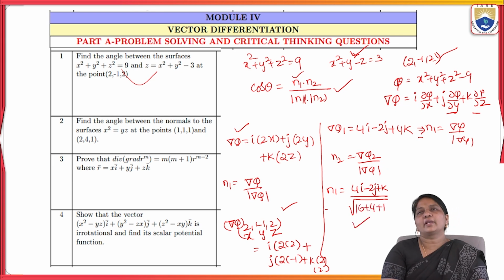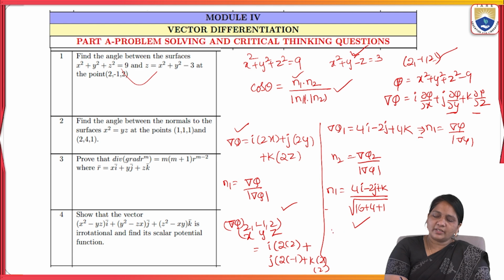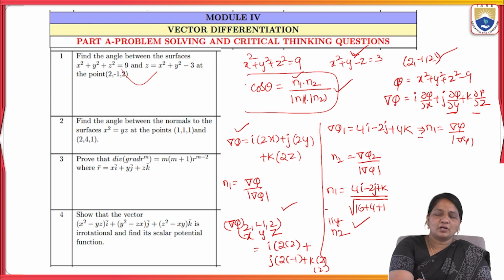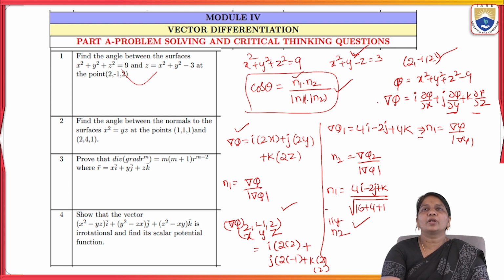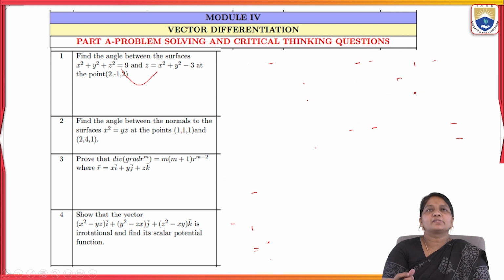So we can calculate n1, and similarly we can calculate n2 in the same way. Then we can find the cos θ value, that is n1 dot n2 by the modulus of n1 into the modulus of n2.